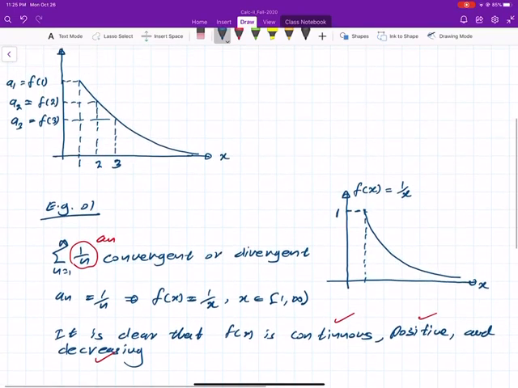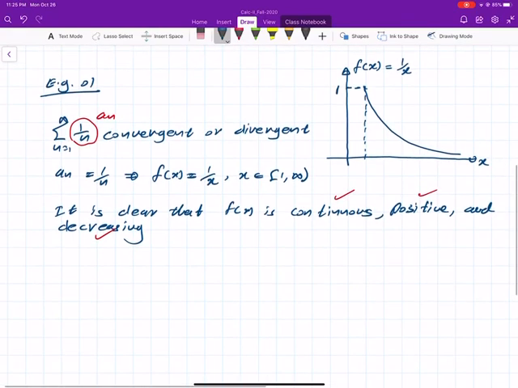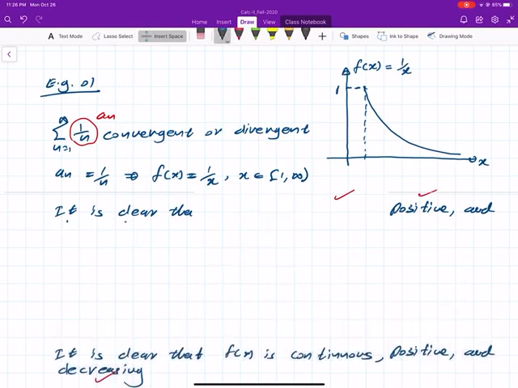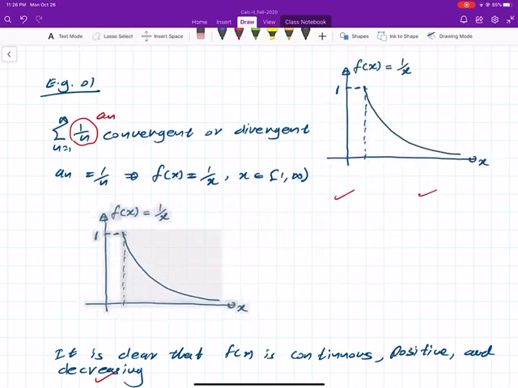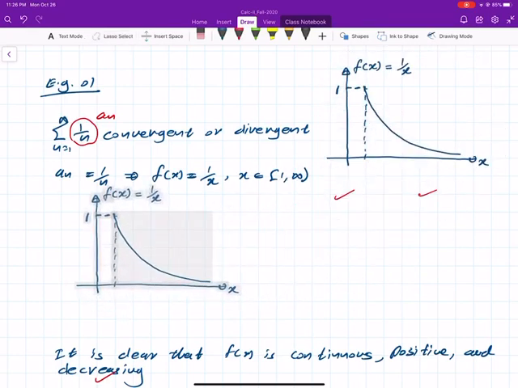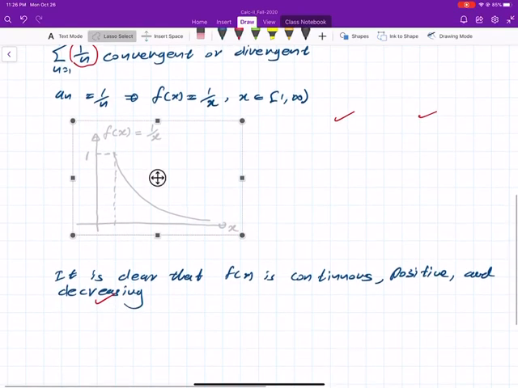Now let me just take some space here and take this graph right here. Now it's clear to you.